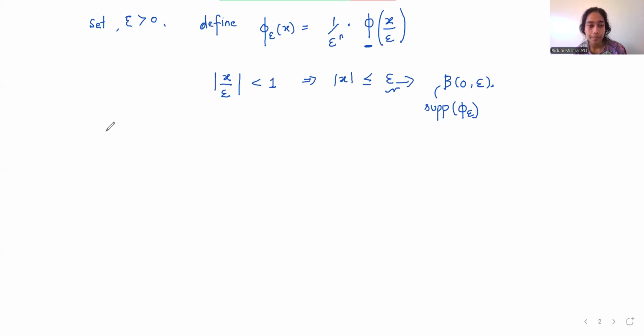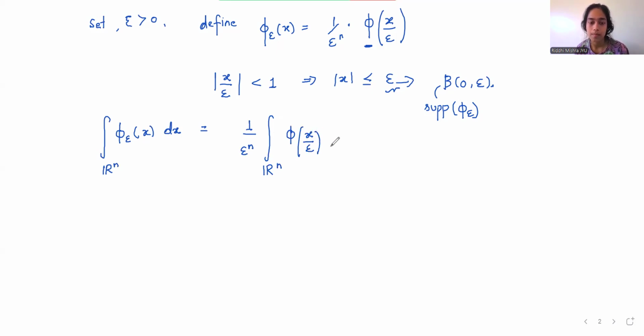And we will see that the integral of phi epsilon over Rn also equals 1. Let's see how. I will use a change of variable: set x over epsilon equal to z, then dx is equal to epsilon to the power n dz.